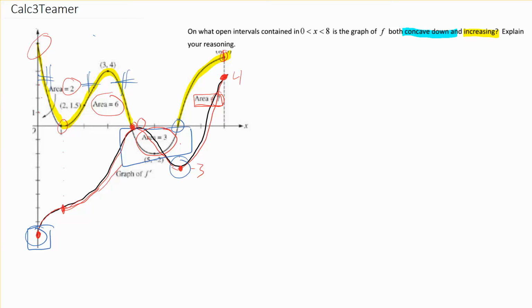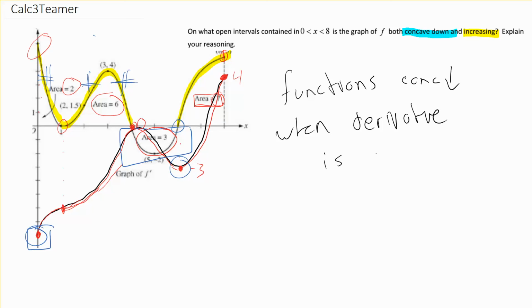So maybe I should write those words out. Function concave down when derivative is decreasing. So where's that? The derivative is decreasing here. The derivative is decreasing here. So there it is. We just found it.